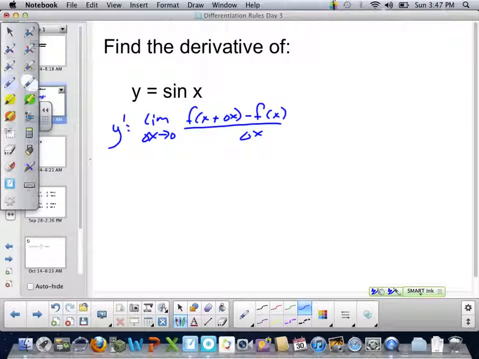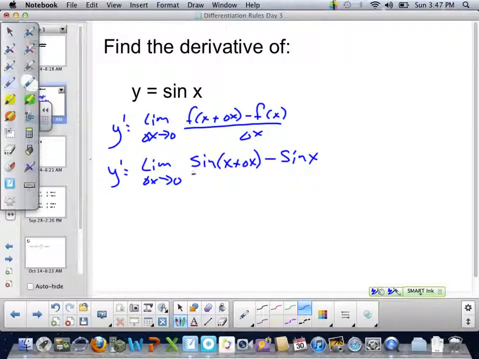So we'll start: y prime equals the limit as delta x approaches 0 of the sine of x plus delta x minus the sine of x all over delta x. First off, we need to go back to our pre-calc days. Remember what the sum and difference formula for trig was.